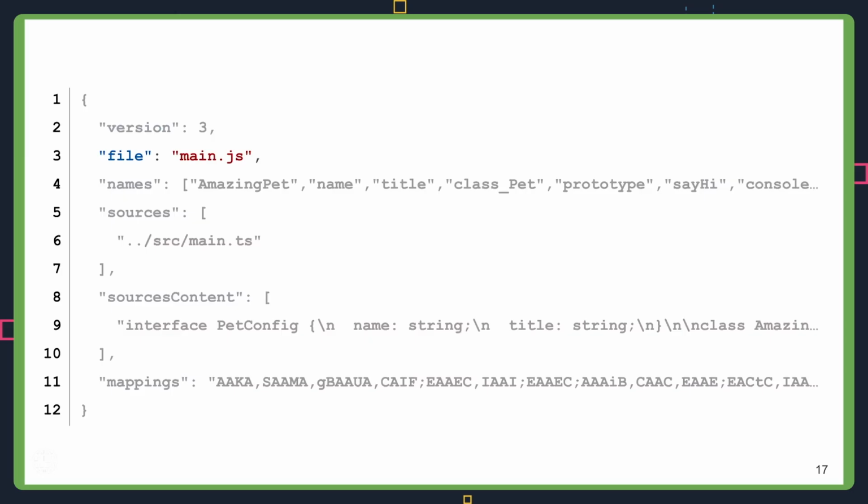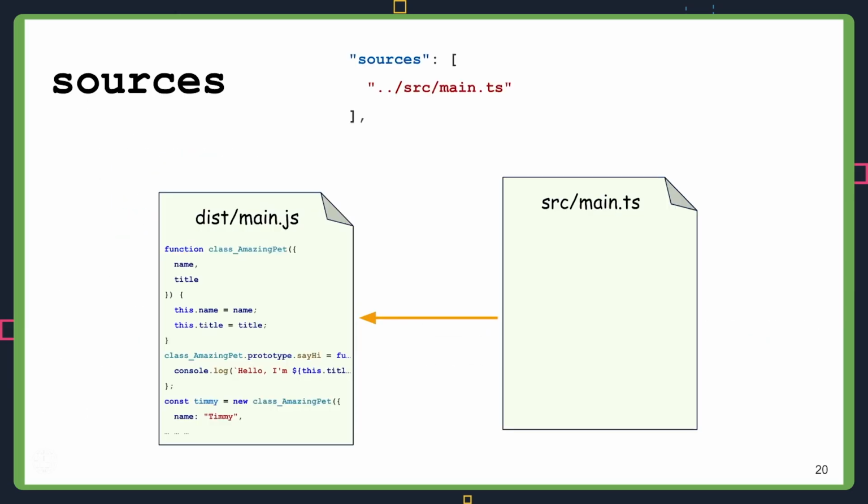The source map tells us to what file it refers. So in this case, we know that this source map is for main.js. And then it contains some information about, for example, what names for variables represent our file, what were the names of the original files that were given as input to our build pipeline.